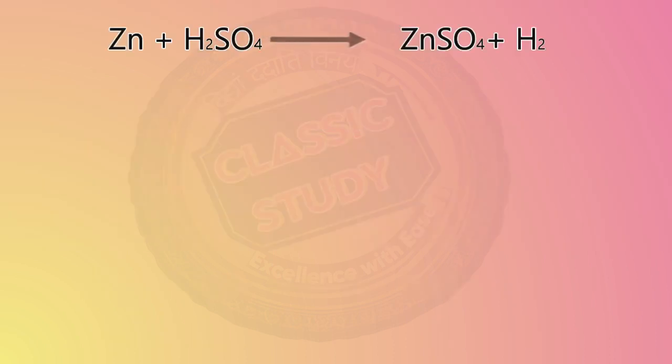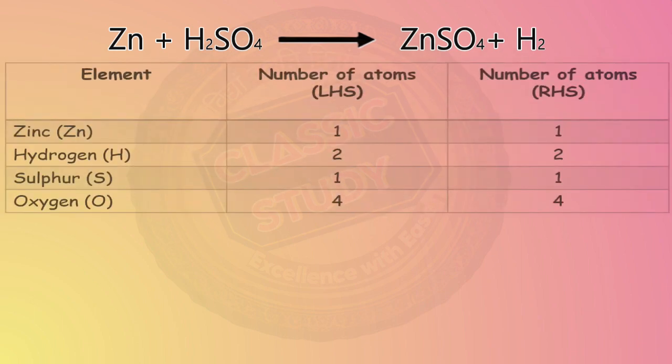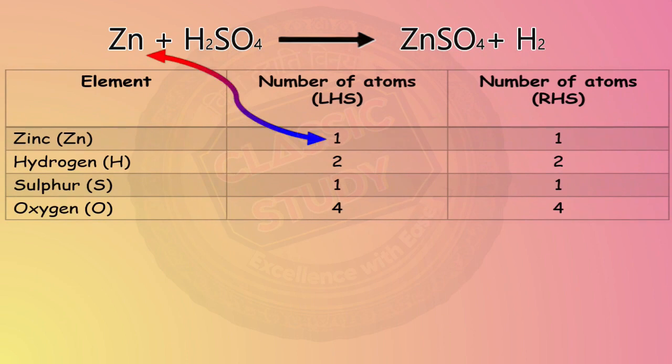Coming back, Zn plus H2SO4 will give you ZnSO4 plus H2. In this reaction, if we tally the number of atoms on each side, zinc has 1 atom on the LHS and 1 on the RHS. Hydrogen has 2 on the LHS and 2 on the RHS.